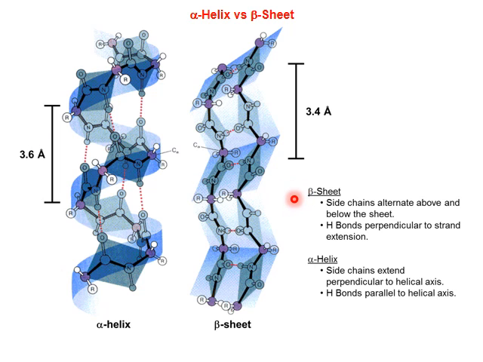And so again, the R groups are going to be extending above and below the sheet in an alternate fashion. The hydrogen bonds are perpendicular to the strand direction, and in the alpha helix, the hydrogen bonds are parallel to the strand direction, and the side chains stick out away from the helical axis into solution.